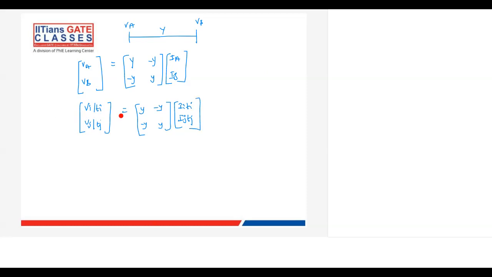If we separate this and rearrange it, you will get [VI, VJ] equal to [TI, 0; 0, TJ] into [Y, -Y; -Y, Y] into [TI, 0; 0, TJ] into [II, IJ].